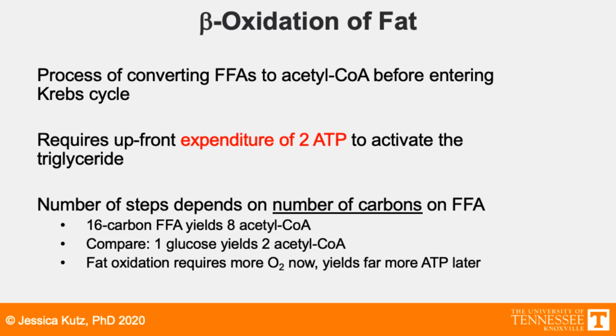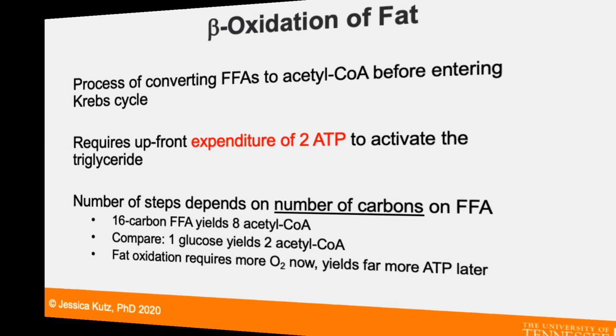This is compared to 1 glucose molecule that will only yield 2 acetyl-CoAs. So you can see already that we're going to have more substrate that's going to enter into the Krebs cycle, which means we're going to end up with much higher overall ATP yields. Now, because fat relies on oxygen or aerobic metabolism, it's going to require a lot of oxygen to process all that ATP that it's going to be able to generate.